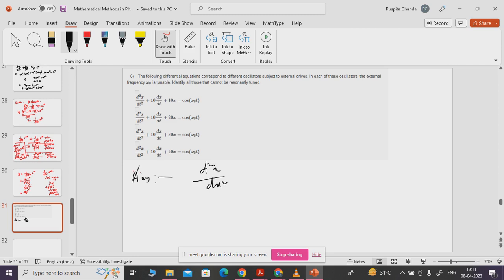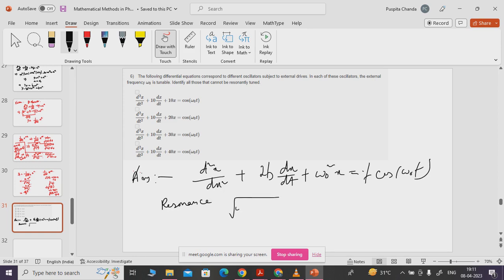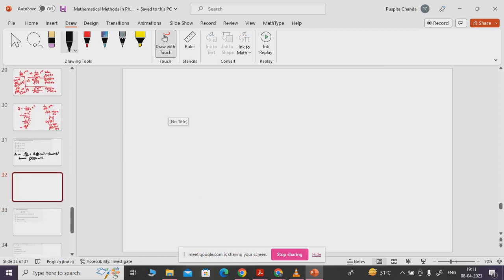So we know that the equation should be of the form d2x by dt square plus 2b dx by dt plus omega square x is equal to f cos omega naught t, and for resonance it will be omega naught equal to root of omega square minus 2b square. Let us see what the equations are here.